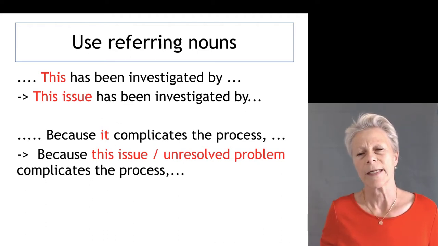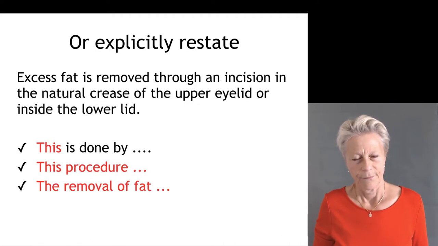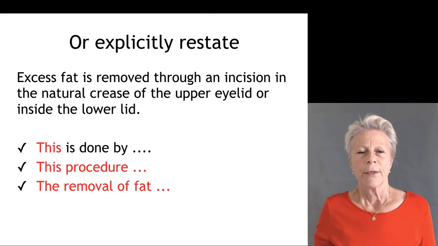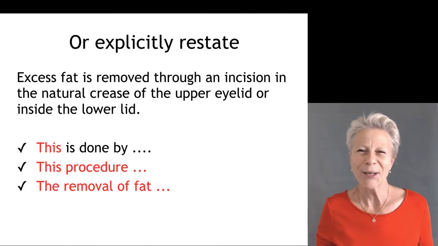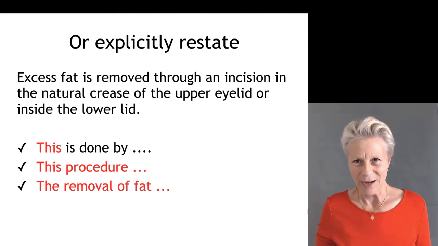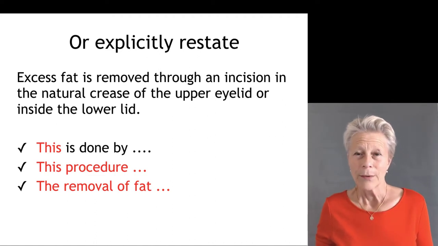It helps the reader. Often you can choose also the shape of your referring noun. You can make it a labeling noun or a restating noun, as in this example, procedure, labeling, or restating, the removal of fat.